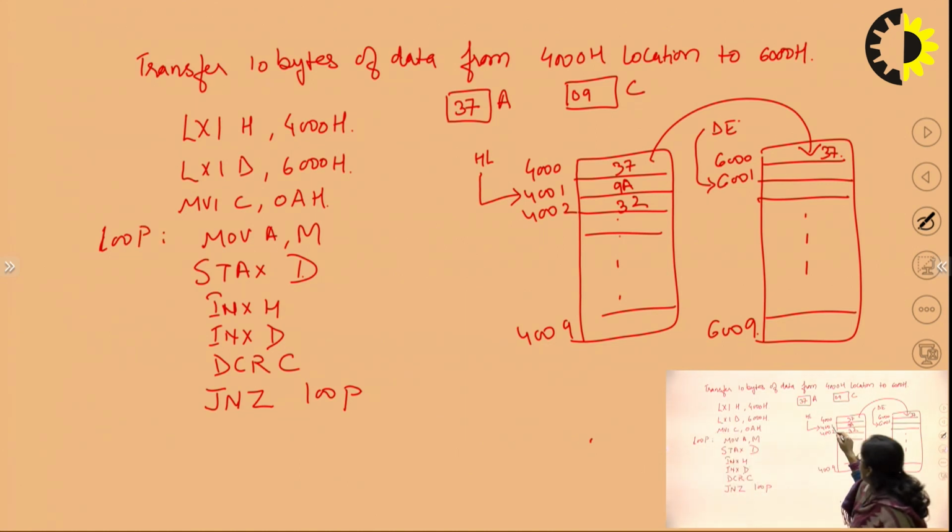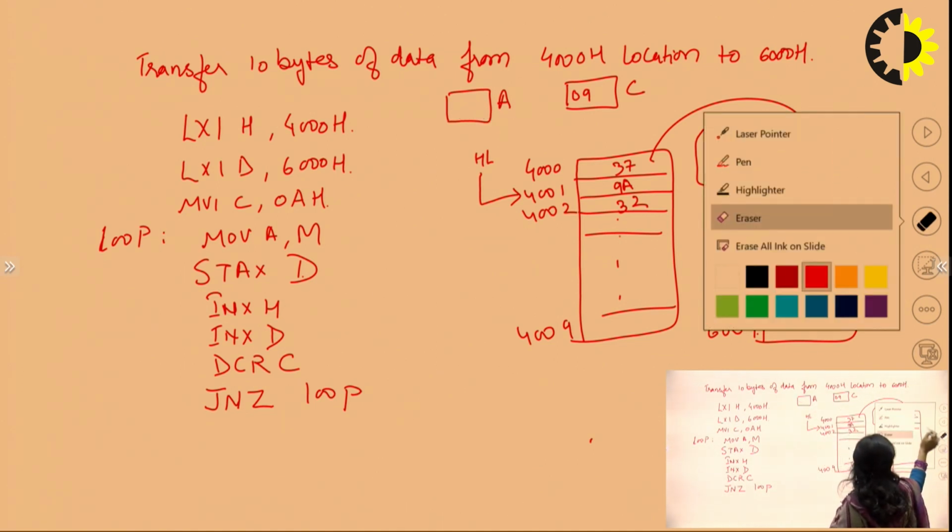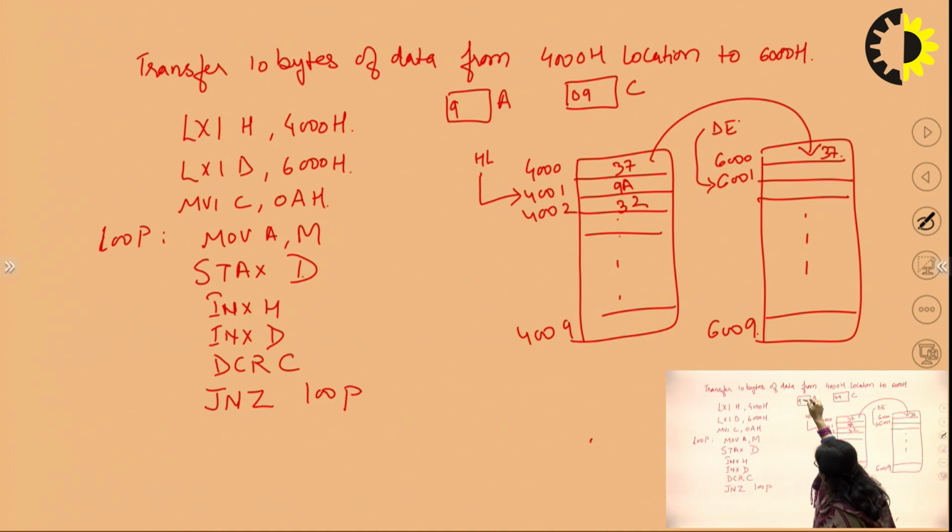So now the data from 4001 location will be copied to A. (9A) will be here, STAX D, and it will be stored here. Increment, next line.